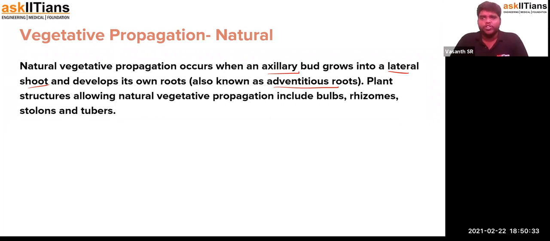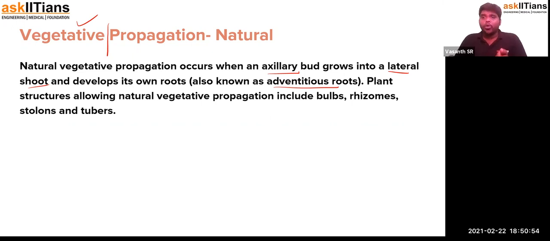What do we mean by vegetative part? Let's divide the two words. Vegetative represents the vegetative part of the plant, which includes the root, shoot, and the leaf. And propagation means growth. So growth enabled in any of these three parts is vegetative propagation.